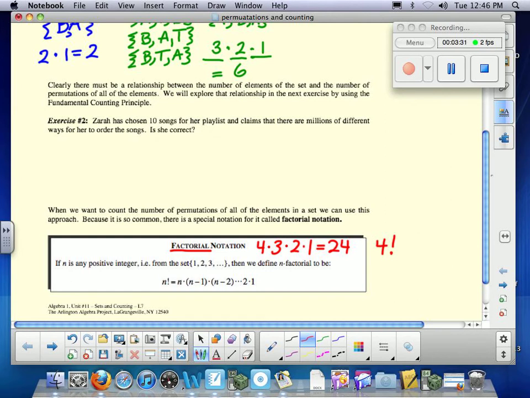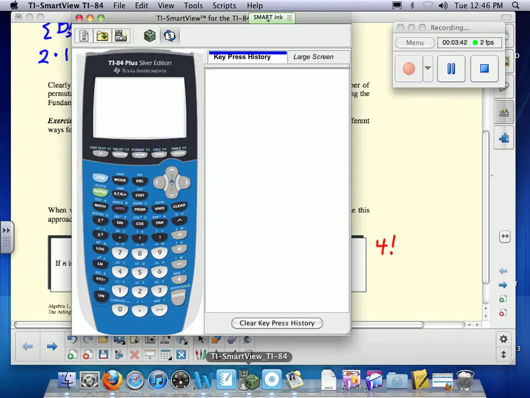So if you'll turn your calculators on, I'll show you where to go to get the factorial. So I'm going to type the number 4, and then I'm going to go to my math button, and we're doing stuff in probability. Anybody want to guess where we're going to go for that?